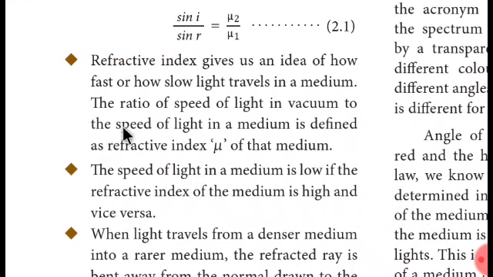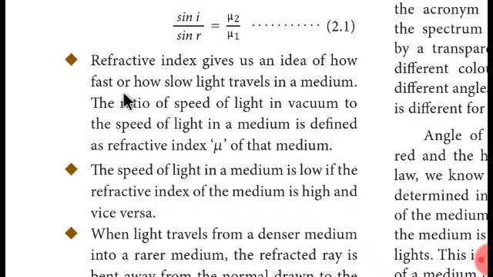So simply, refractive index is just a quantity which says how slow light can travel. If the refractive index is more, then light travels slower. If the refractive index is less, then light travels faster.